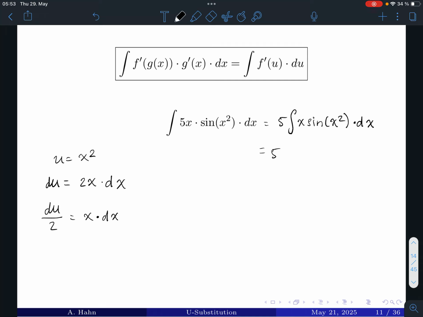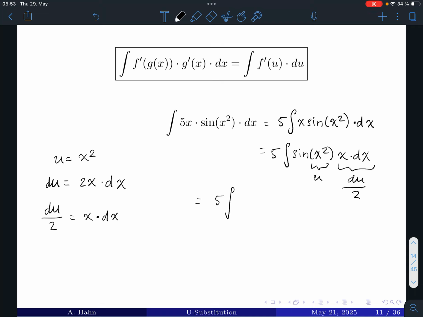And so then let's put that in. Let's first rewrite this. So this is 5 times the integral sine of x squared x dx. And so then this x squared, that's going to be u. This x dx, that's du divided by 2.